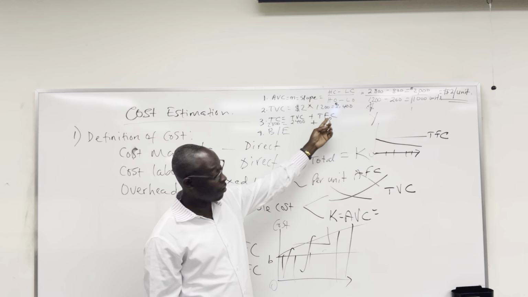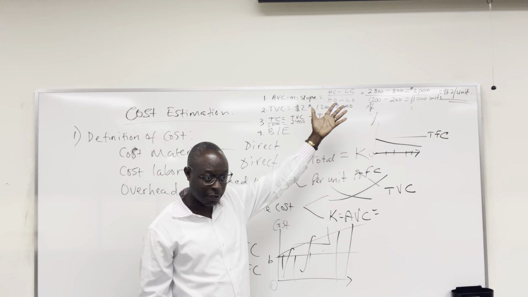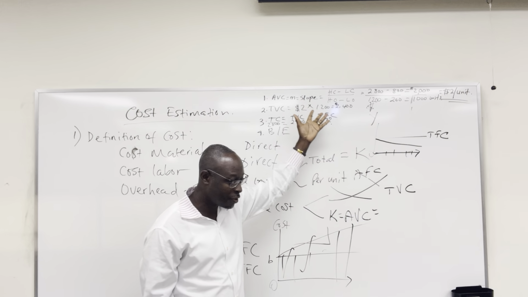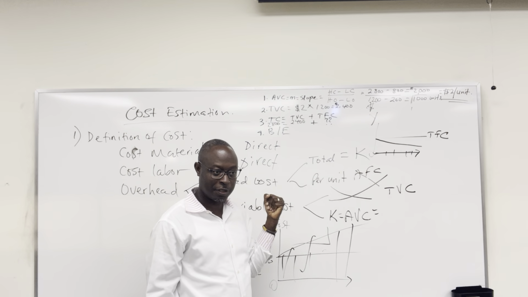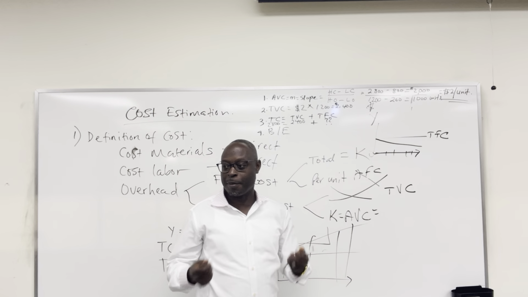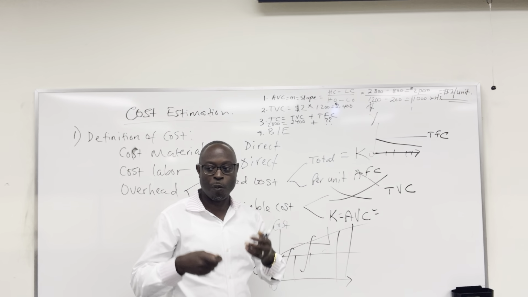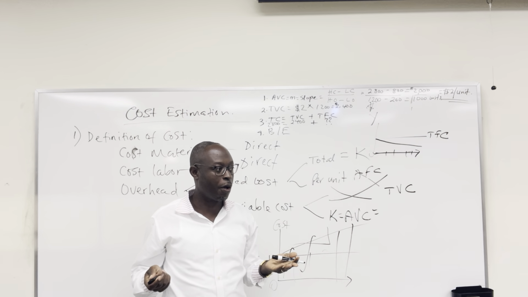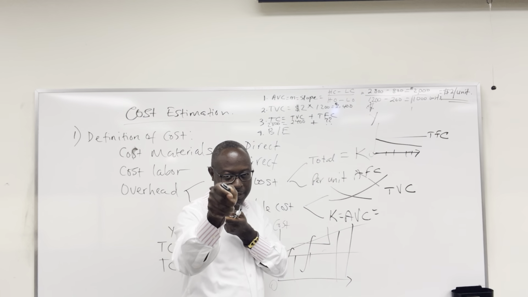But in order to calculate your fixed cost, you must have calculated your average variable cost, your total variable cost, and then you must know your total cost and subtract to get your fixed cost. And once you get your fixed cost, then I'm going to ask you to calculate some information related to profits, when profit is zero and when profit is not zero. That's what we're going to call break-even analysis or cost volume profit analysis.